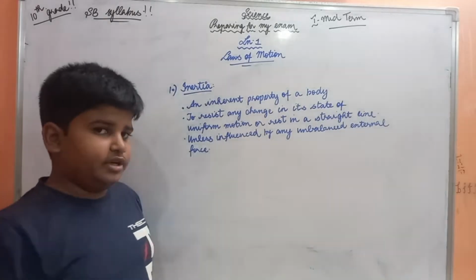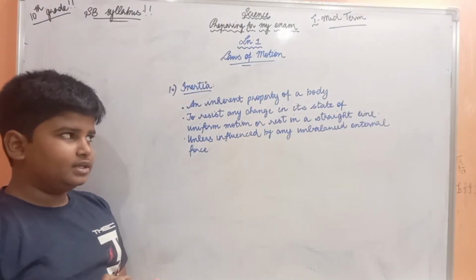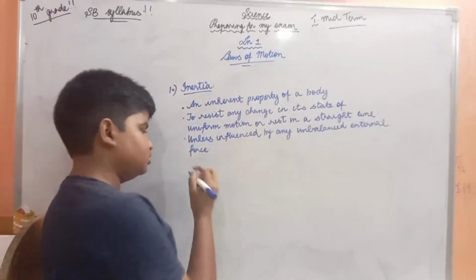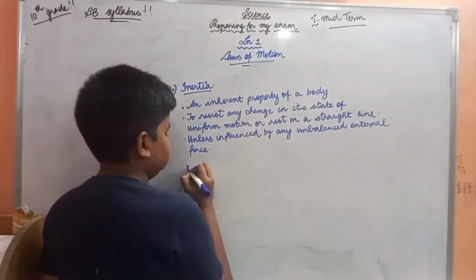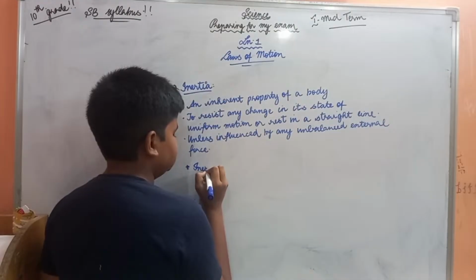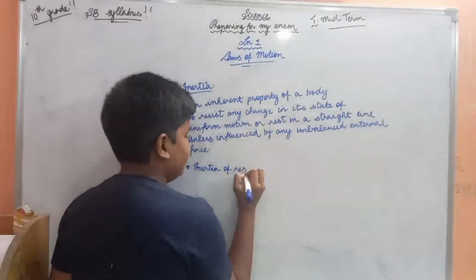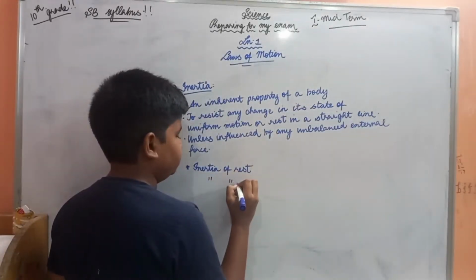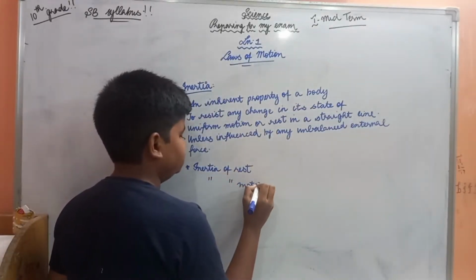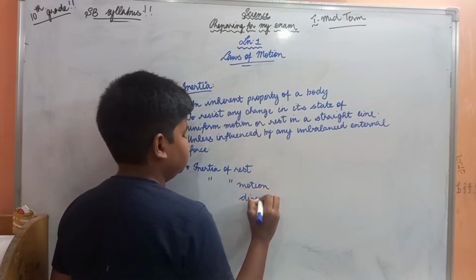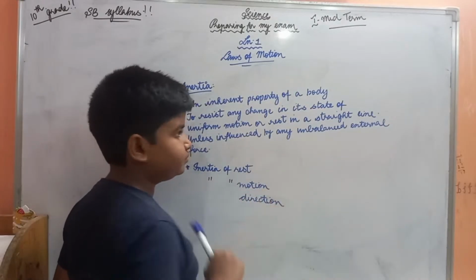So this is inertia, and they'll probably ask to define its classification. Its classification is as follows: inertia of rest, inertia of motion, inertia of direction.